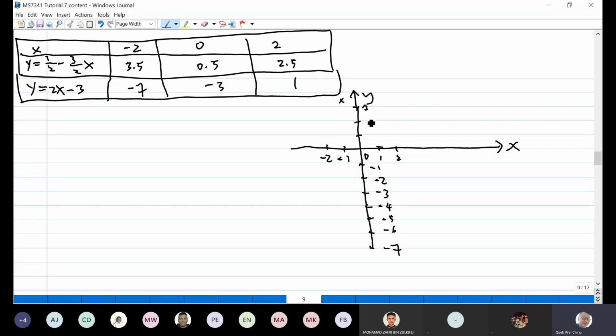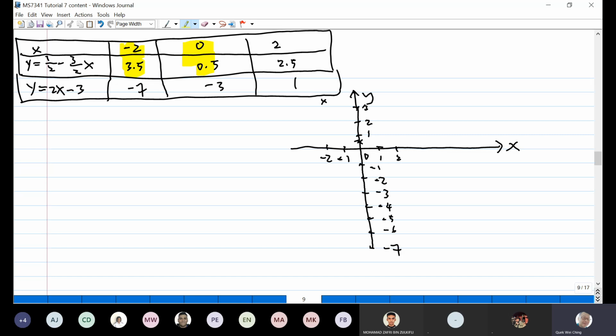Okay, first point: minus 2, 3.5. And 0.5 is somewhere here. Okay, I got this point.